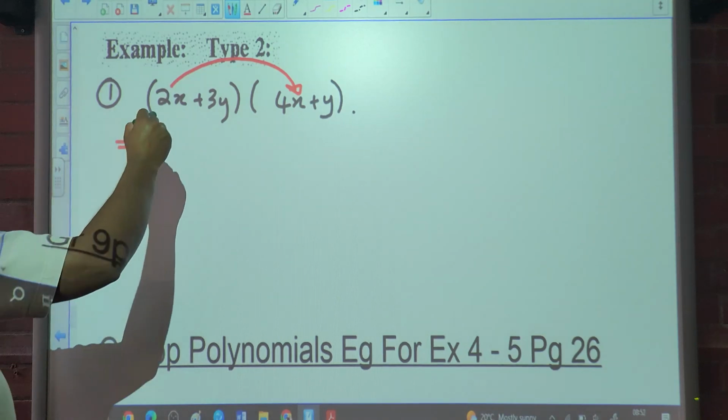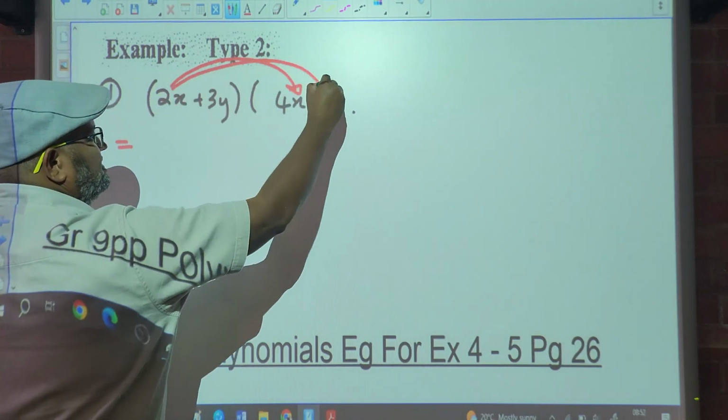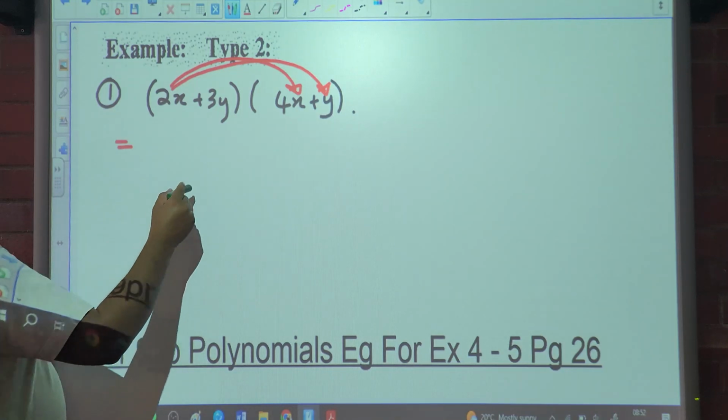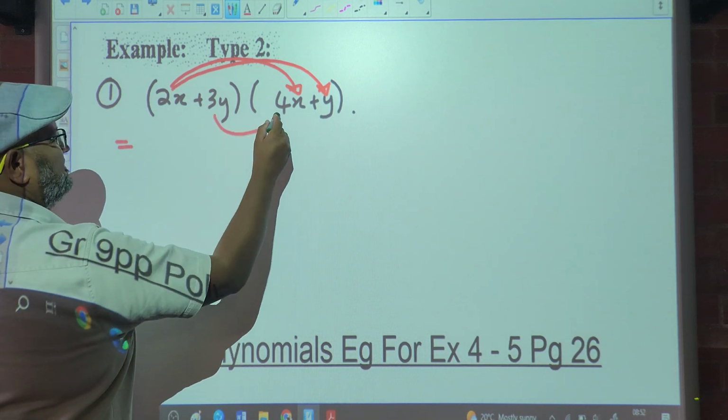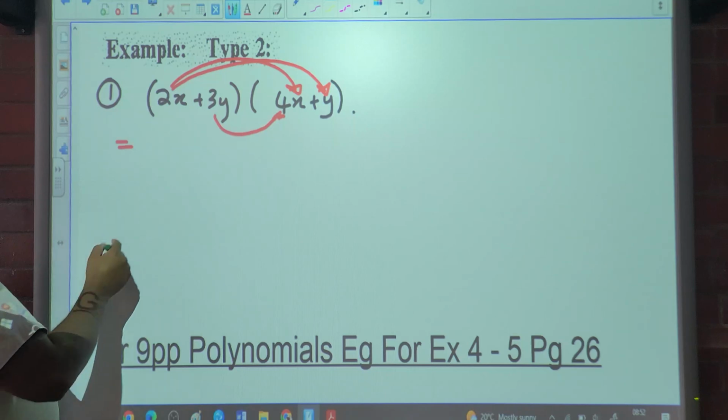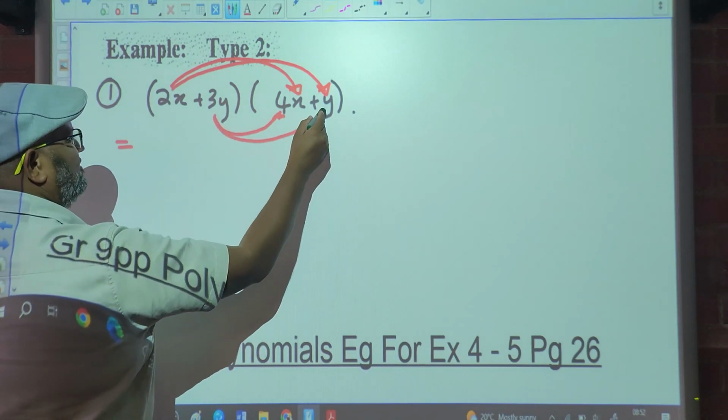And then we must say 2x multiplied by y. And then 3y multiplied by 4x. And 3y multiplied by y.